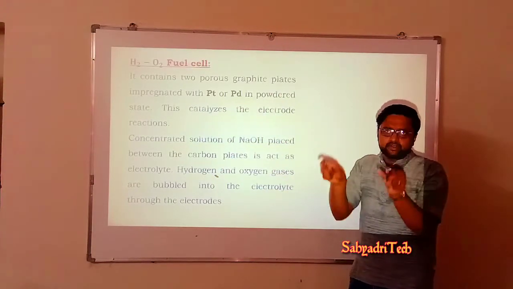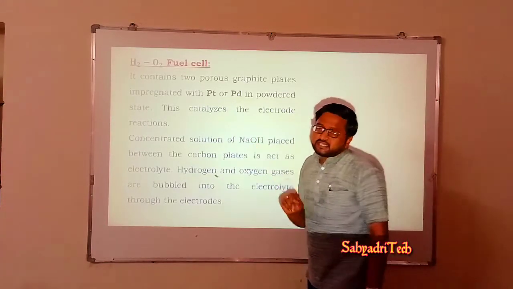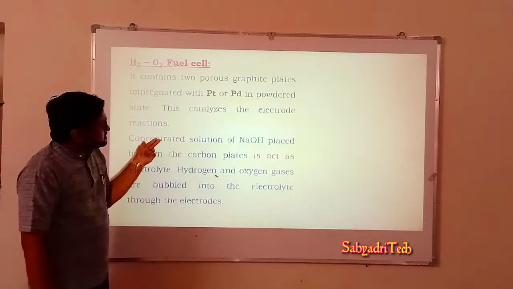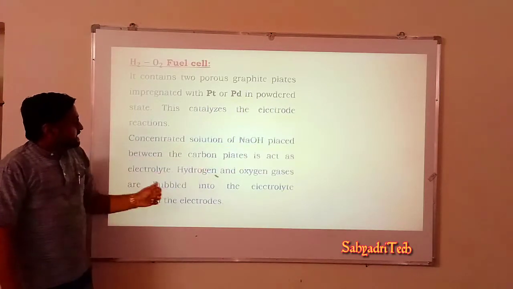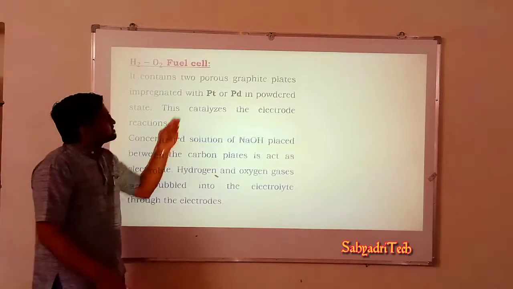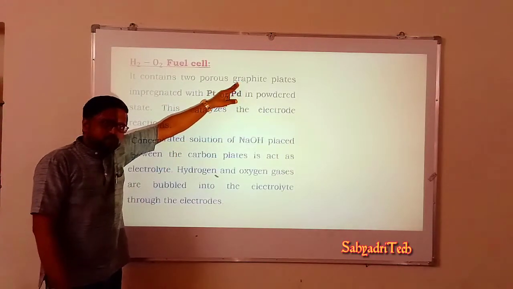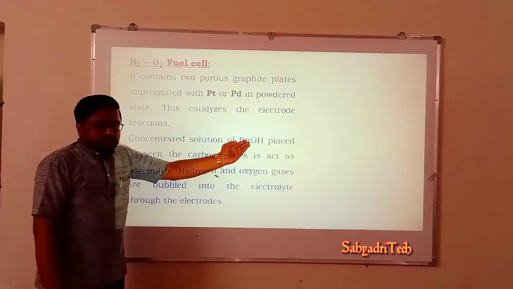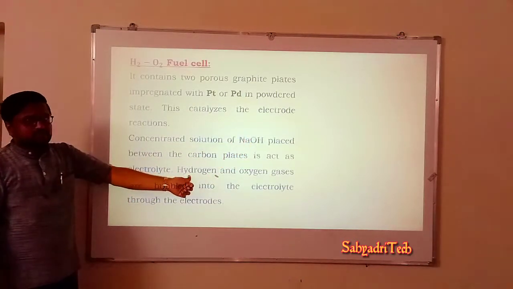So there will be two graphite plates, or carbon plates, and whatever space is present in between is filled with a concentrated solution of either sodium hydroxide or potassium hydroxide, which acts as the electrolyte. The two porous graphite rods act as electrodes, one as anode and another as cathode.